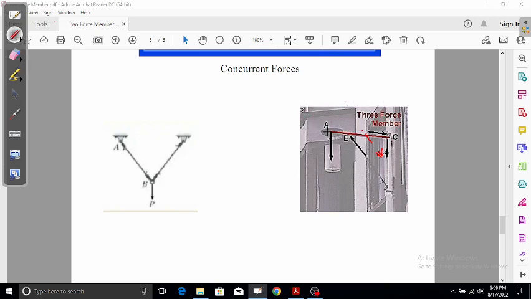Here you can see, I'm just trying to explain it somewhere here. So these forces can all be projected downwards. Say this is the point O. So if you look, this system can also be treated as a three-force member.